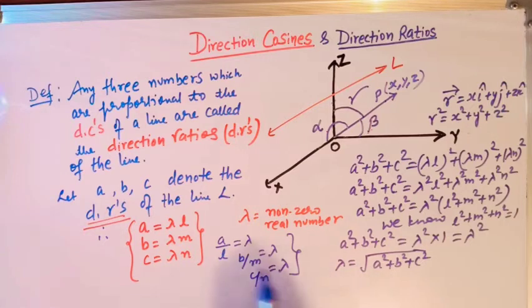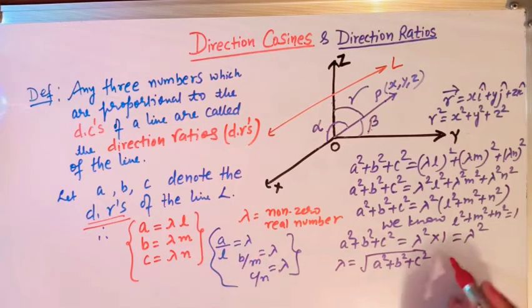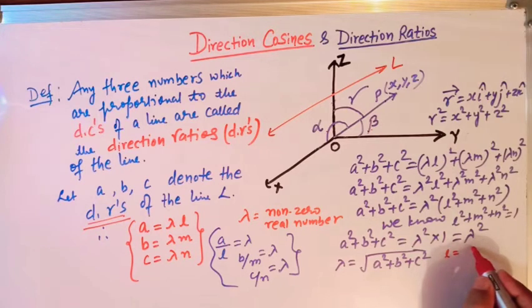Now if we substitute this value of lambda in these three equations, then see what we will get, right? So here from this equation, we have a by L is equal to lambda, so L can be written as a over lambda, right?